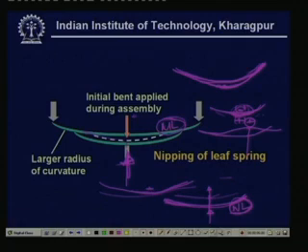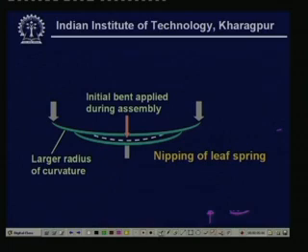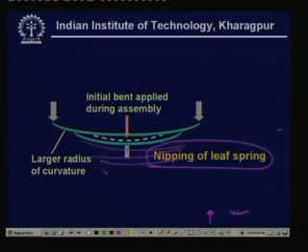So, this is what we consider as the nipping of leaf spring. As a matter of fact, not only the next leaf, but all the in-between leaves of automobile springs will have a certain amount of this nipping.